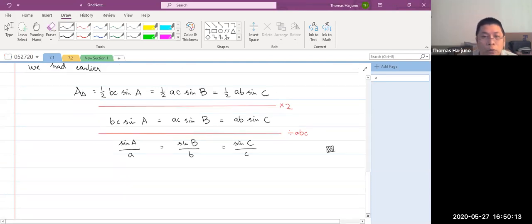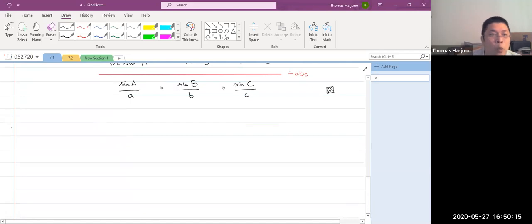Now, before I do the application, let me define one thing. I'm not sure if you already know this. It's supposed to be known if you learned geometry. I need to define what we mean by solve a triangle. In a triangle, there are 6 parts.